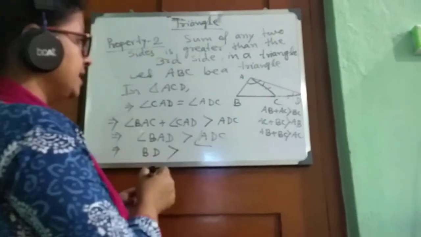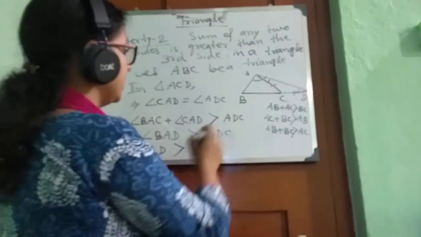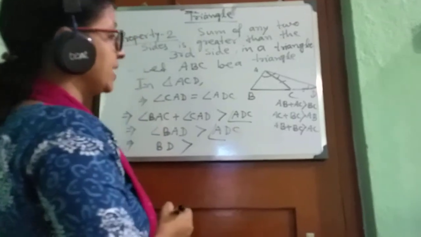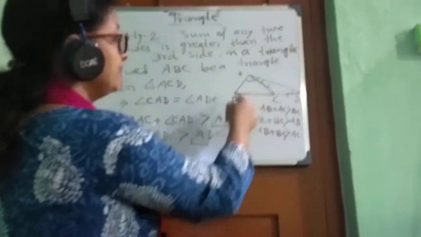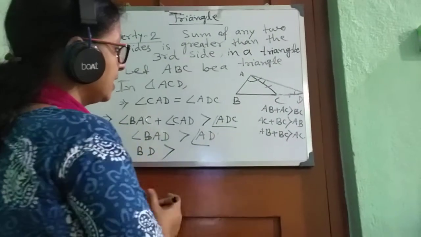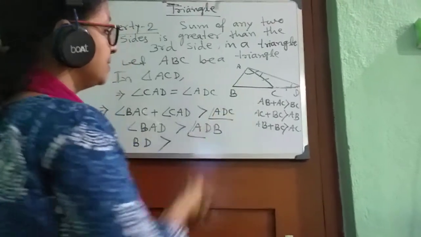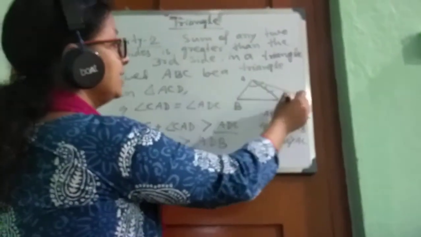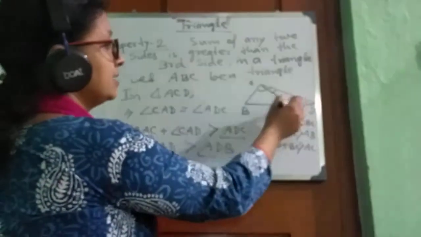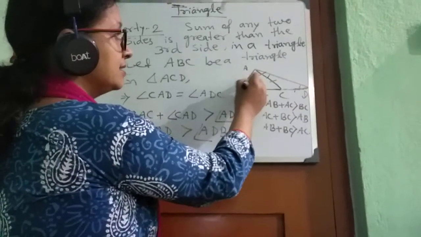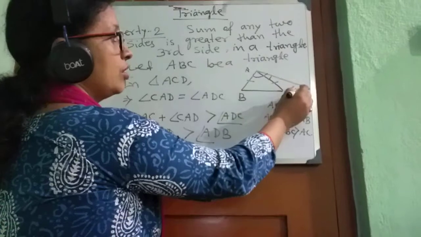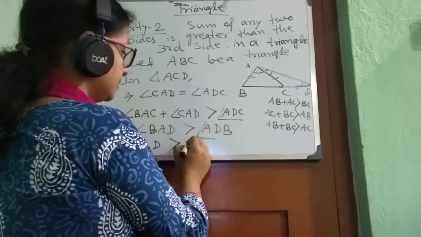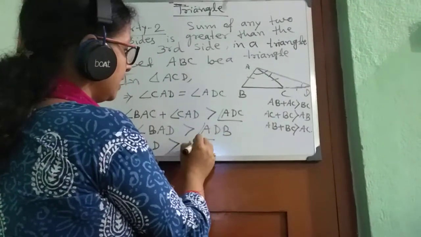In place of ADC, we can also write ADB, because they are the same angle. Then the side opposite angle ADB is AB, so in this place we will write AB.